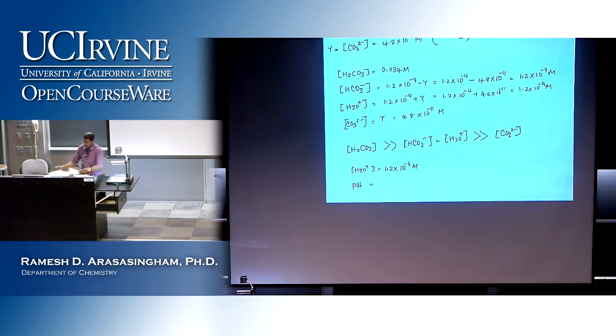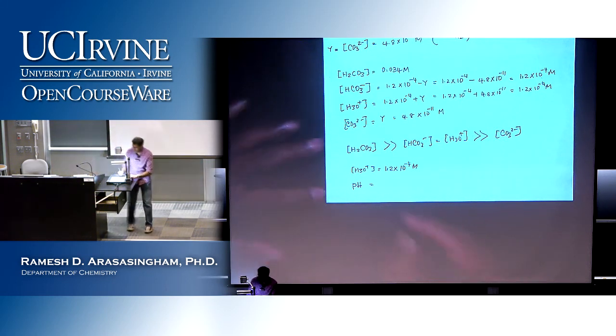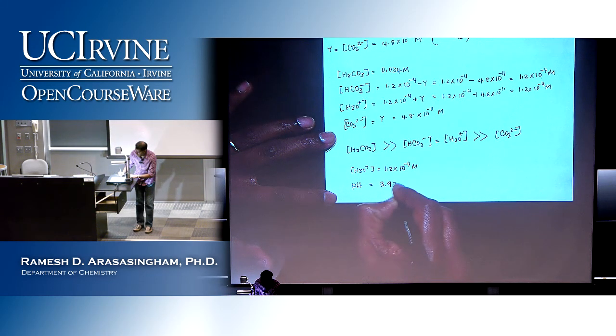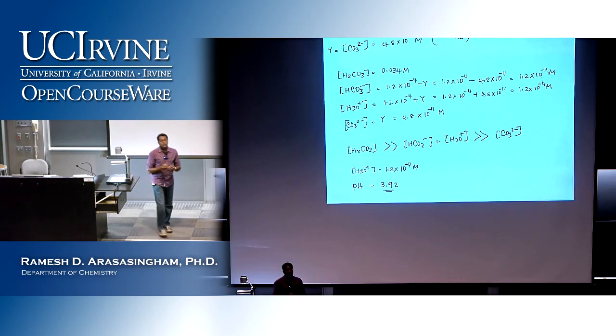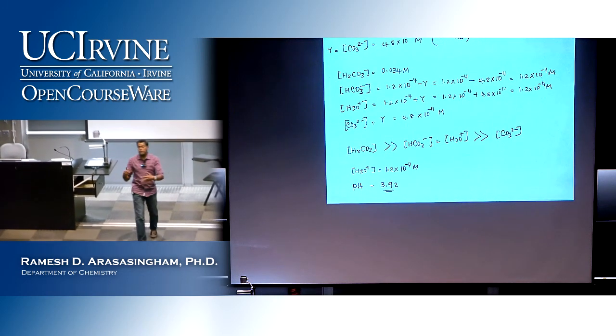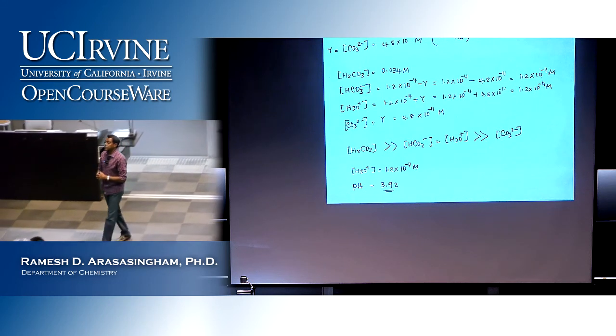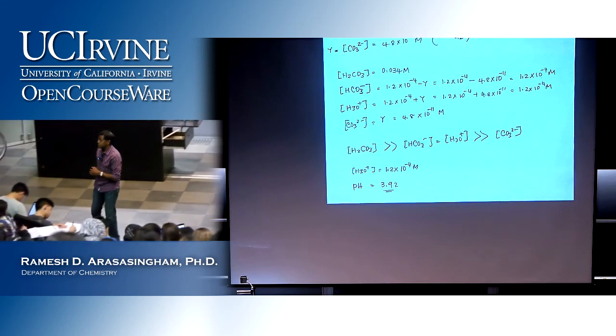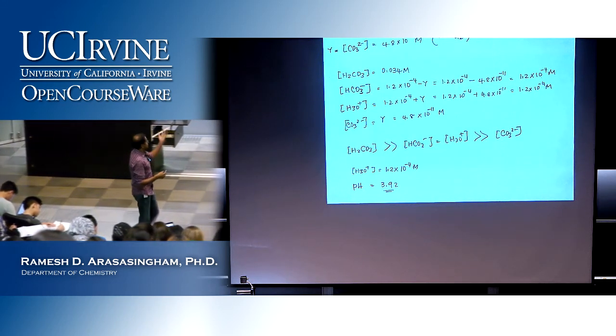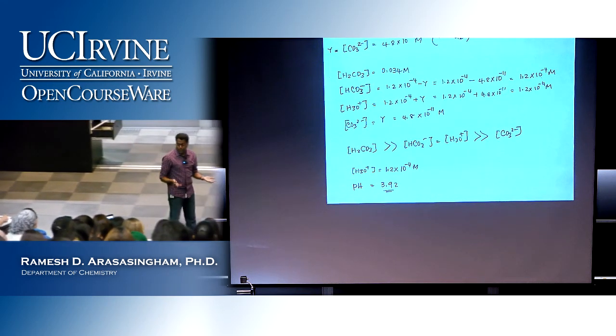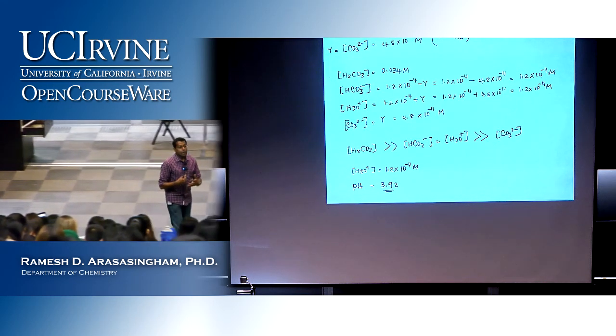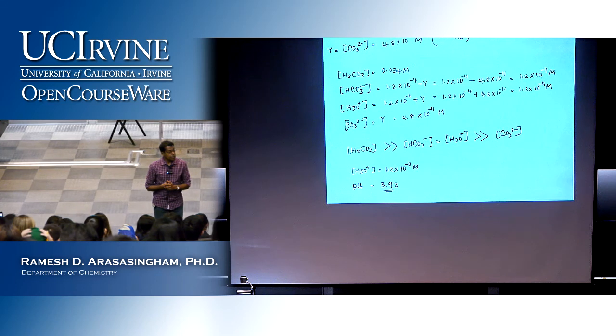And if you take the negative log of that number, you get 3.92. All right, so once you calculate what the hydronium ion concentration is, you can figure out what the pH of that solution is. Now remember, this is an acid, so does our pH come out to be acidic? Yes, so we know that our calculations are on the right track.